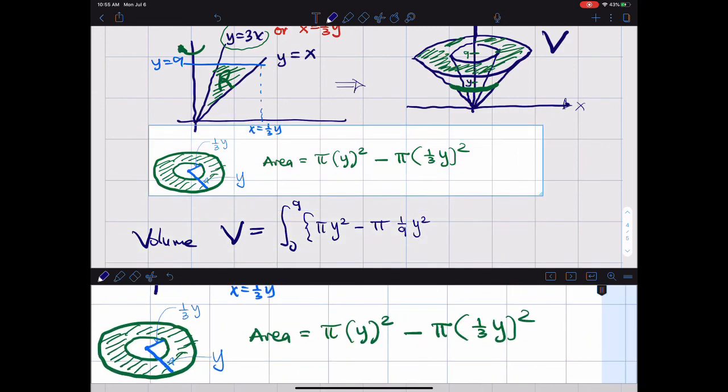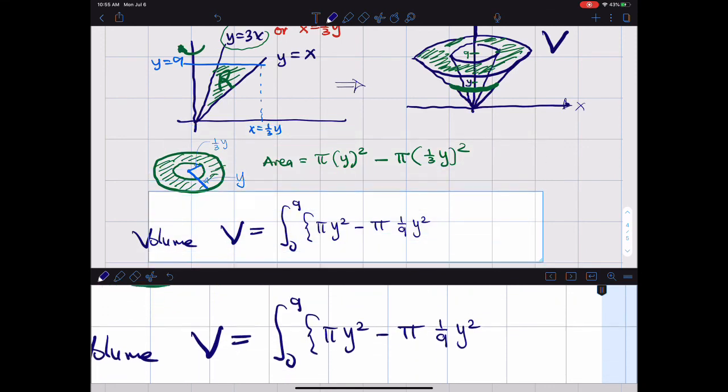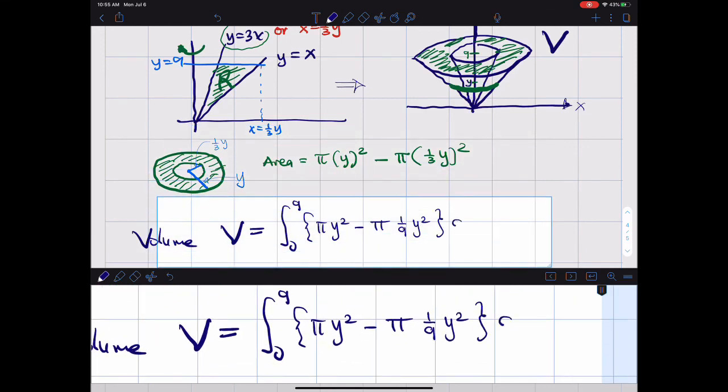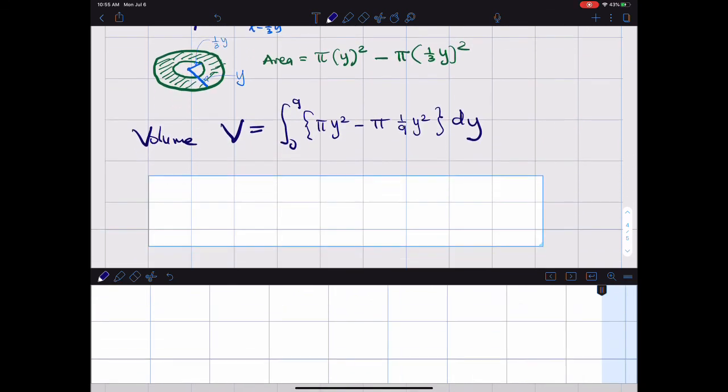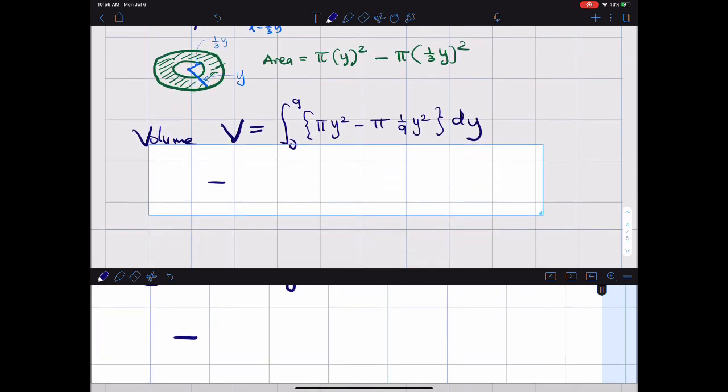Where did I get that from? 1/3 squared is 1/9. All right, and then dy. If you do this integration well, you end up with 216 pi. That's what I got. Check my answer.